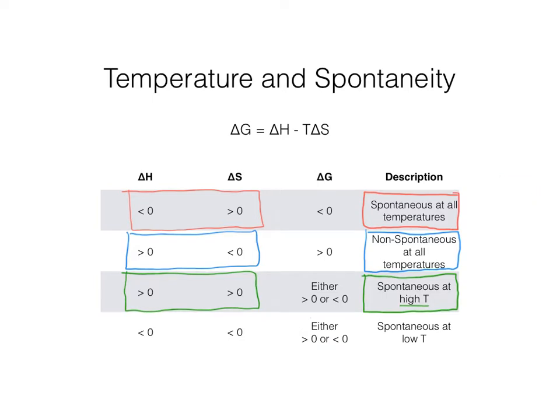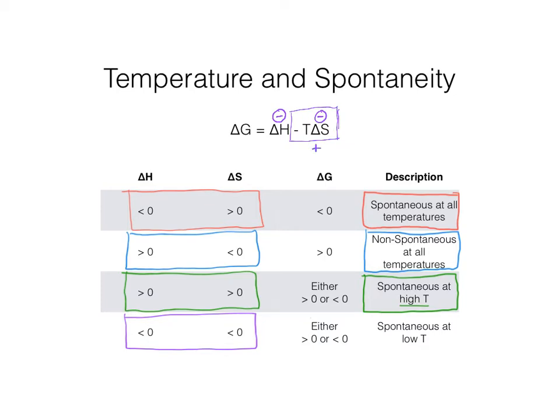Okay, so let's do the last possible combination. If the reaction is exothermic and the entropy decreases, then we have a situation where our T delta S term is a positive value.